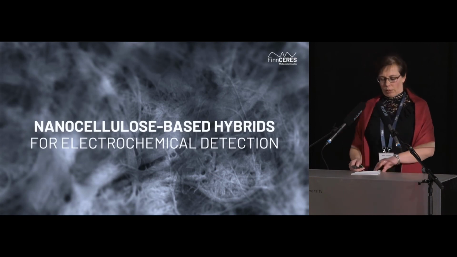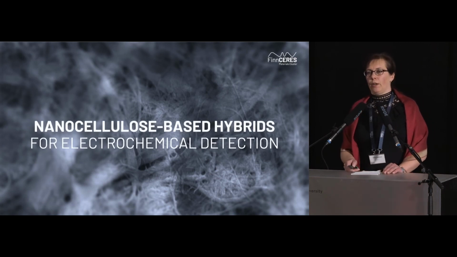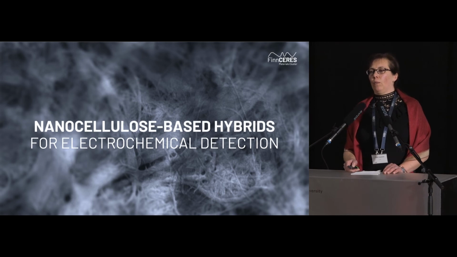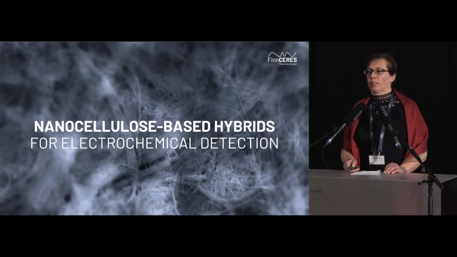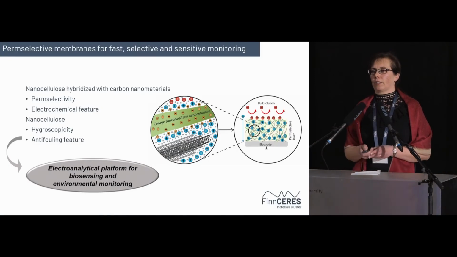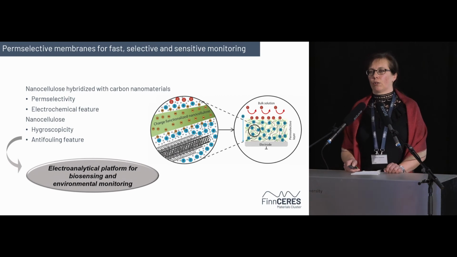Then I would like to move forward to how we can use the role of water when we are hybridizing the nanocellulosic materials with carbon for electrochemical detection. Here we intend to prepare perm-selective membranes for selective and sensitive monitoring.